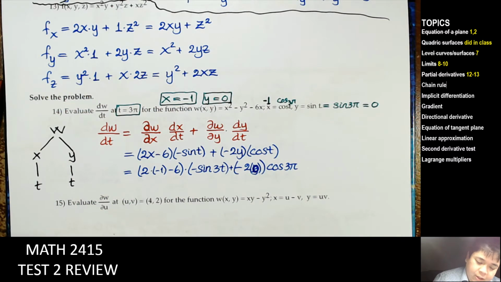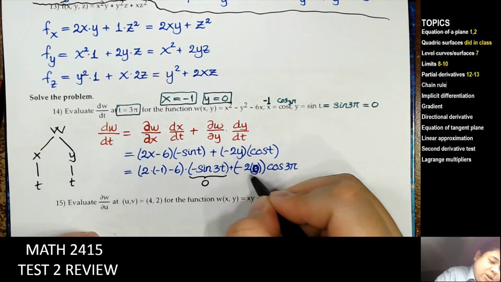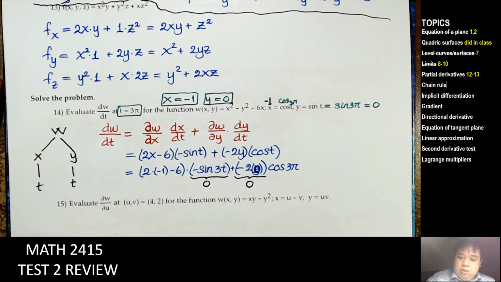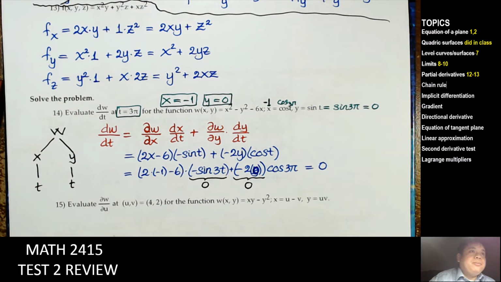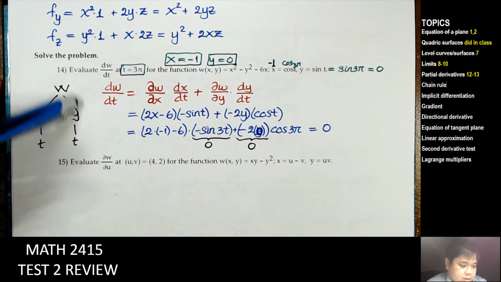Well, sine of 3t, that is 0, and negative 2 times 0 is also 0, so 0 and 0, so that is going to be equal to just 0.